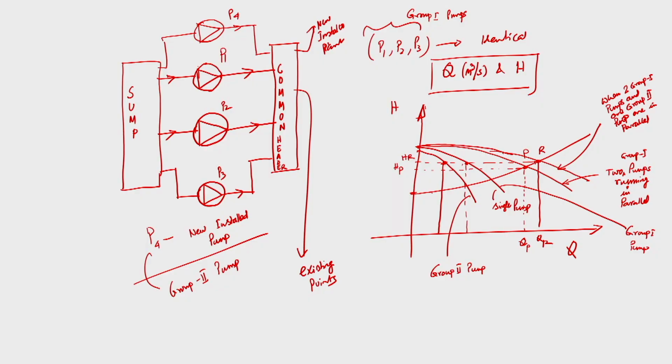Now, as I said, if I trace back from this newly operating point to the individual pump H-Q curves, at the points where they intersect, let us say this is R1 and this is R2. The head and discharge corresponding to R1 are the head and discharge that will be supplied by the newly installed pump.